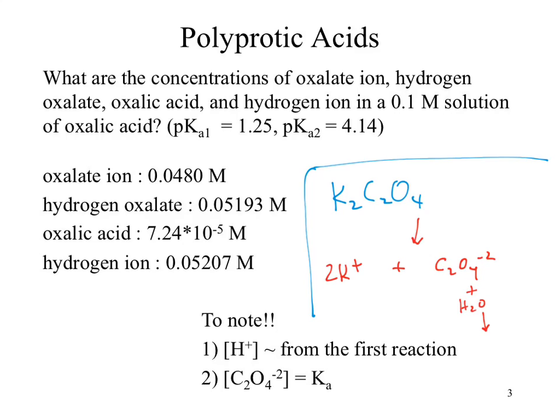Okay, we could go through and look at equations. We could generate HC2O4-. And what would the other species be? OH-. So in the process of adding oxalate to water, what do we generate? We generate base.